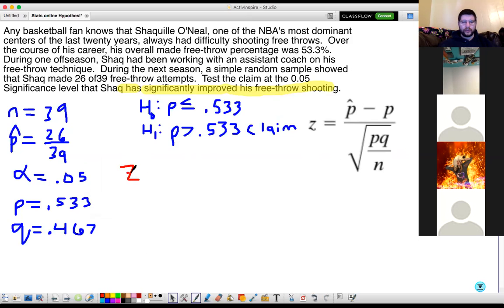Plug in the numbers and figure out what the test statistic is. P hat, P, square root of P times Q.